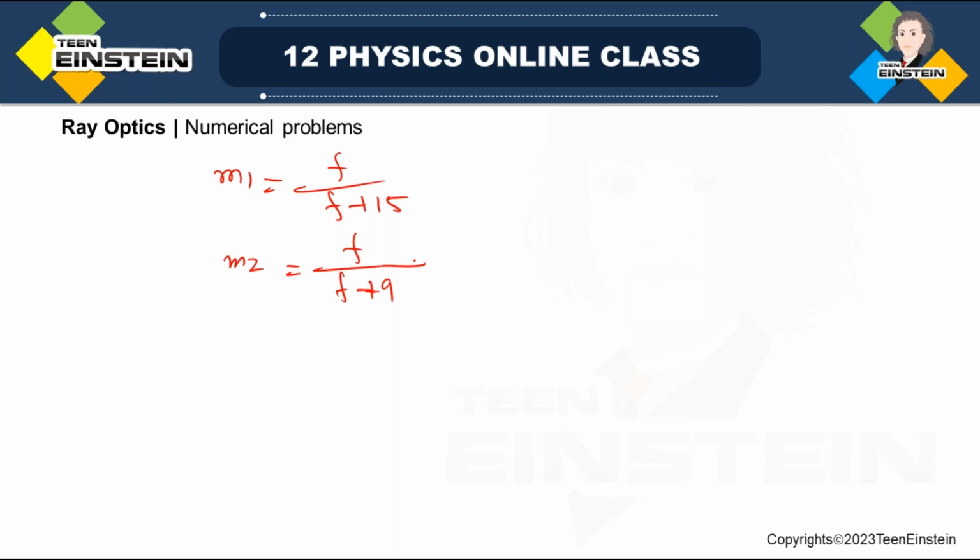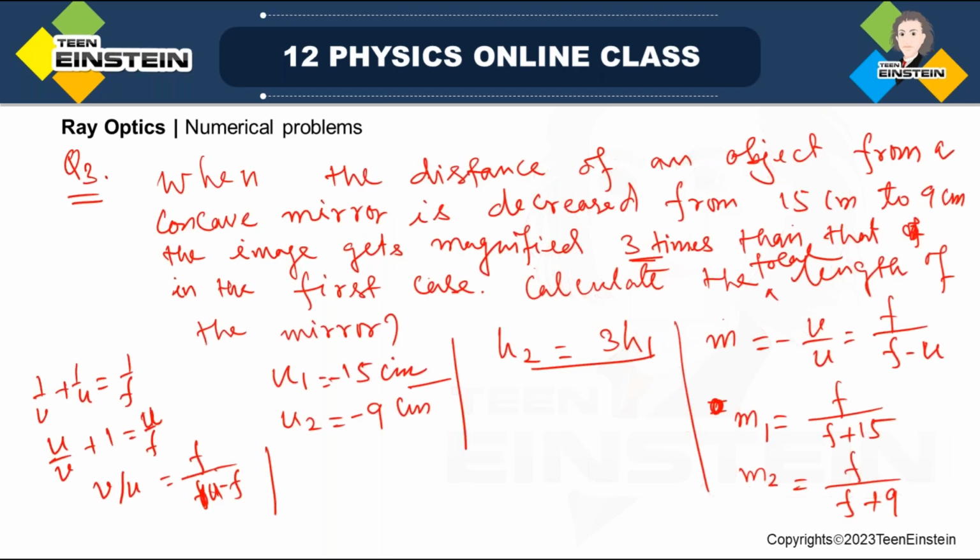Okay, now see, if it is 3 times magnified, it means m2 will be actually 3 times of m1. Okay, 3 times magnified it is said. If the distance decreases, then the image gets magnified by 3 times.